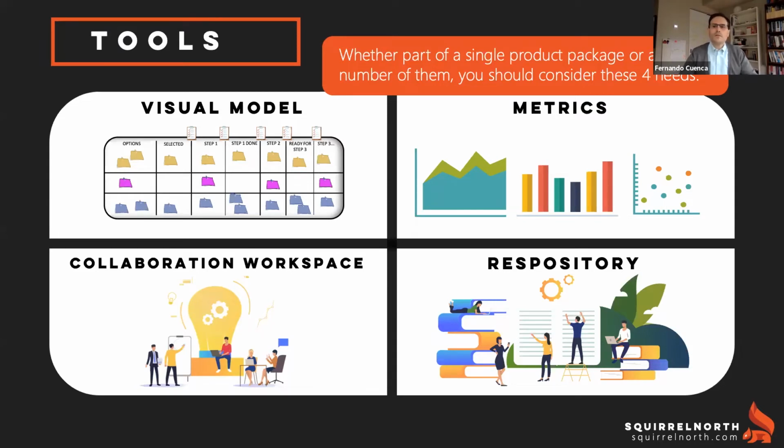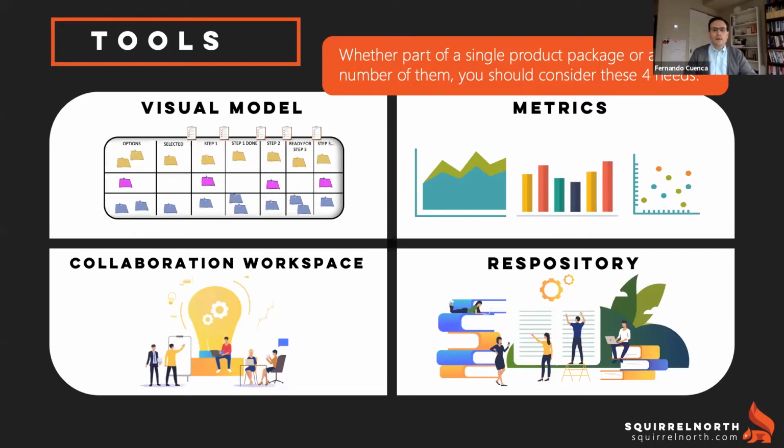Something we've noticed is that the first thing people tend to think when they approach the tooling problem is, how do I reproduce my board in a digital environment? They're thinking about the stickies placed somewhere on the wall.